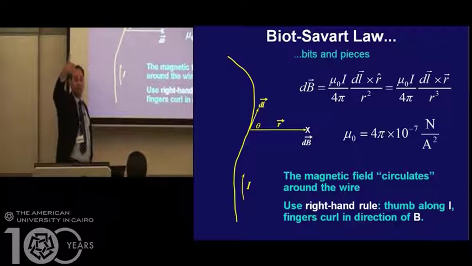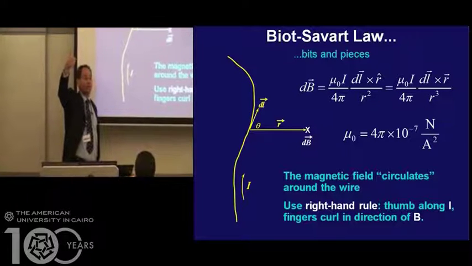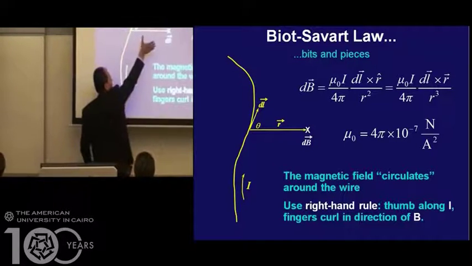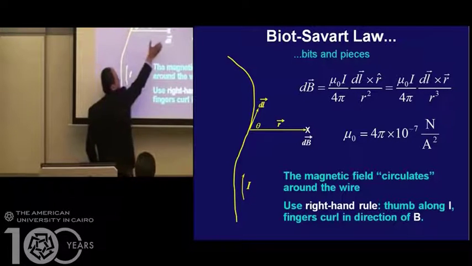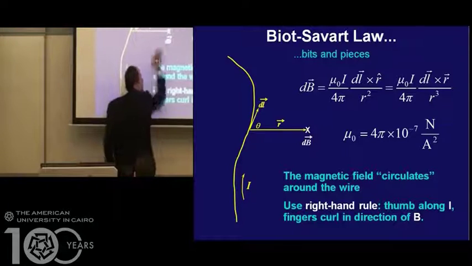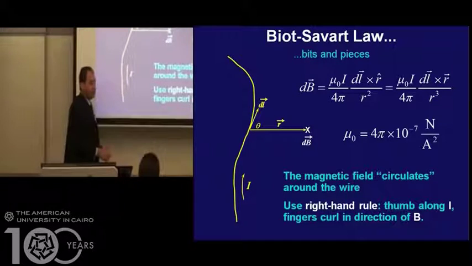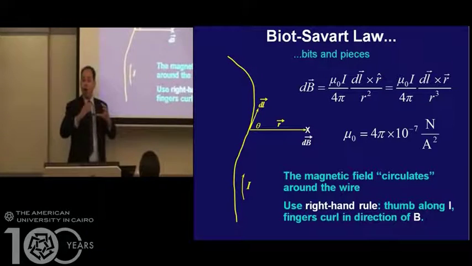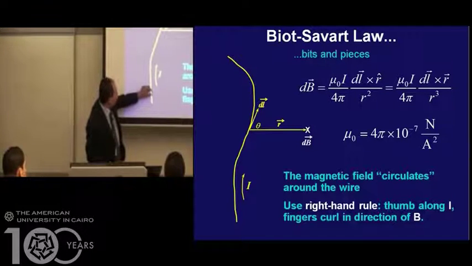The thumb will point in the direction of the current, and your hand will bend in the direction of the magnetic field. So at that point, this is the direction of the current, it's going up. This will be the direction of the magnetic field. Is it true? Because the magnetic field at that point is actually the sum of all the magnetic field of those small components from all over the wire.